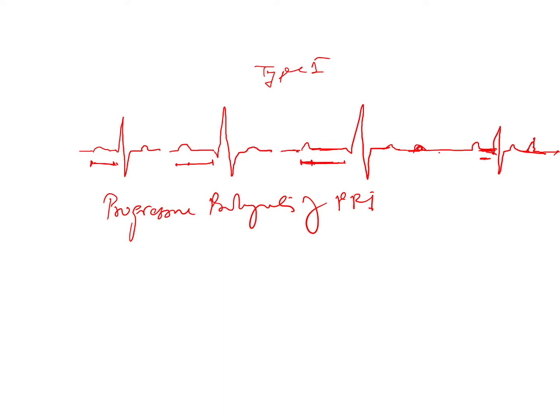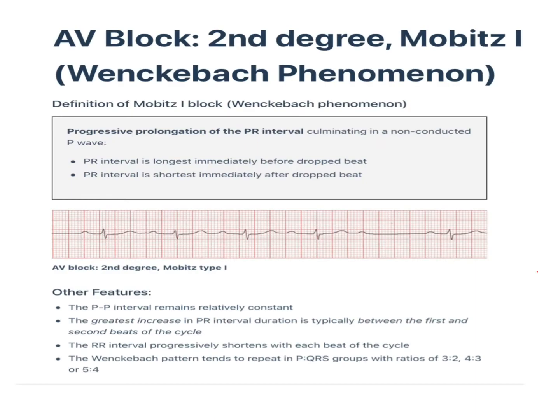We can say Mobitz type 1 second degree heart block. So in Mobitz type 1 or Wenckebach's heart block, we will get progressive prolongation of the PR interval culminating in a non-conducted P wave.